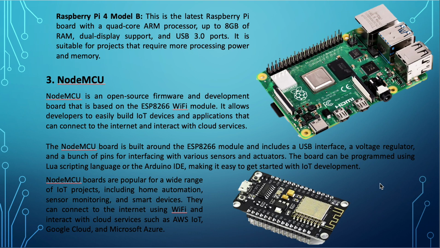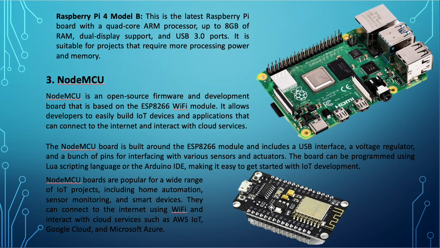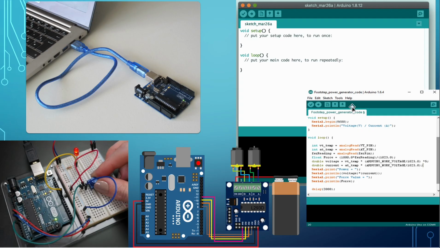So multinational companies who need to monitor manufacturing capabilities in different countries can create IoT devices to fulfill these requirements. We talked about the Raspberry Pi interface as well. Similarly, this would be connected to the PC and we would use this IDE to program.